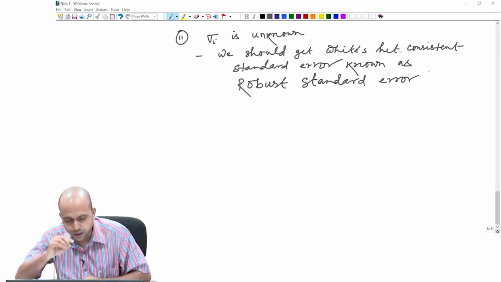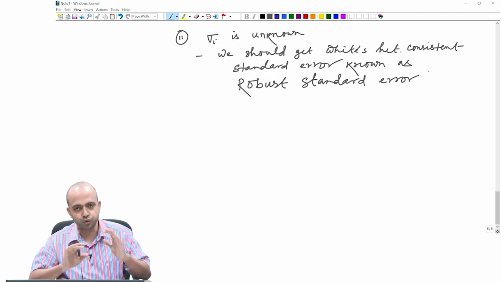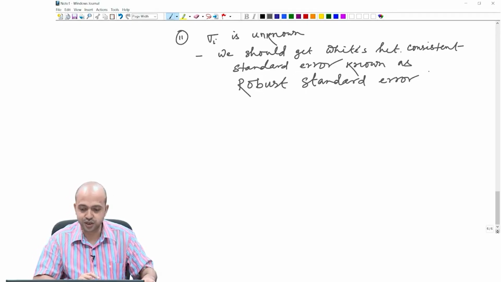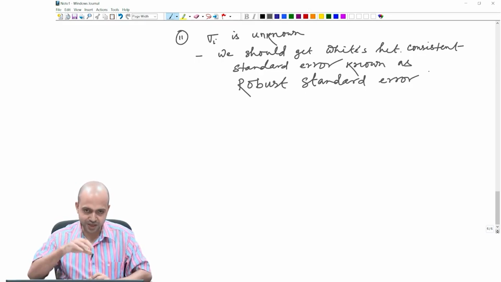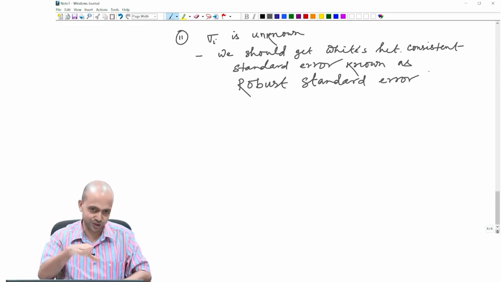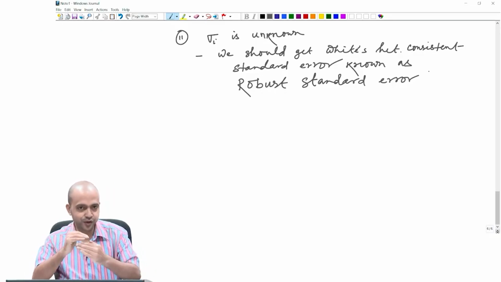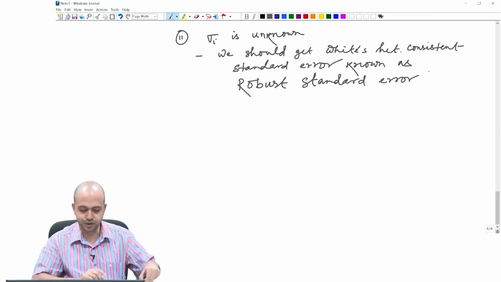Nowadays in all the statistical softwares, they routinely compute the robust standard error, which is basically White heteroscedasticity consistent standard error. That means assuming there is a presence of heteroscedasticity, what is the standard error? A large difference between the OLS standard error and this robust standard error indicates that your data is basically suffering from heteroscedasticity problem.